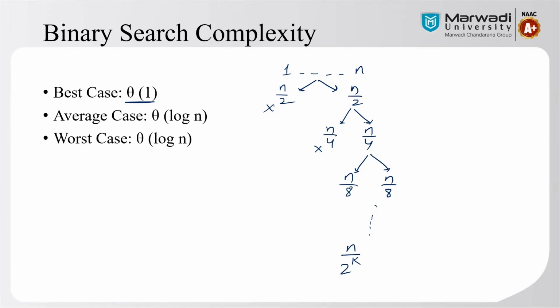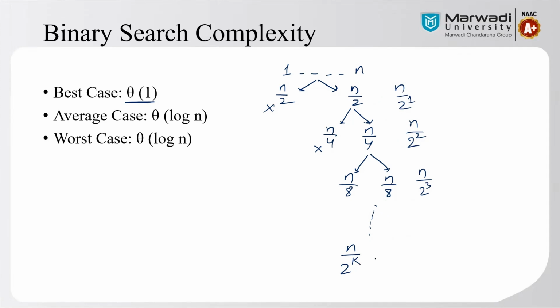Why have I written 2 raised to the power k here? The thing is, if we divide one time, it becomes n by 2 raised to the power 1. If we divide the list two times, it becomes n by 2 raised to the power 2. If we divide the list three times, it becomes n by 2 raised to the power 3.